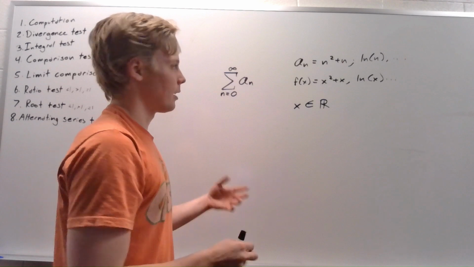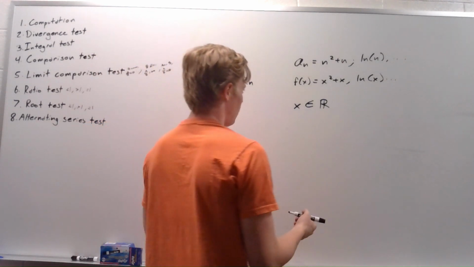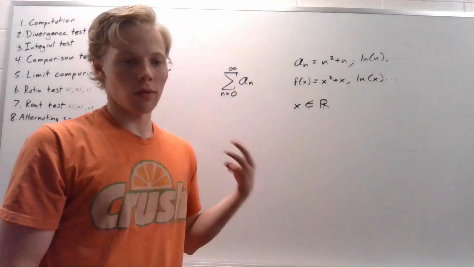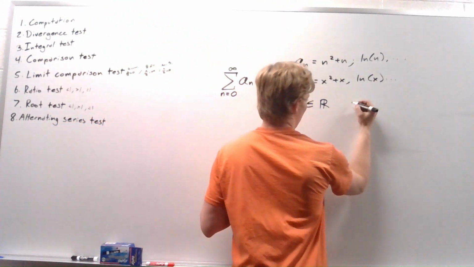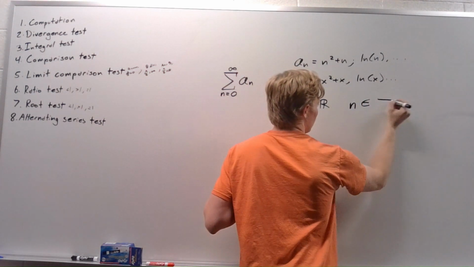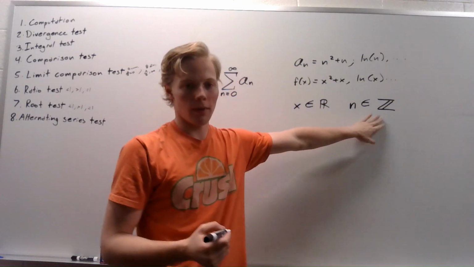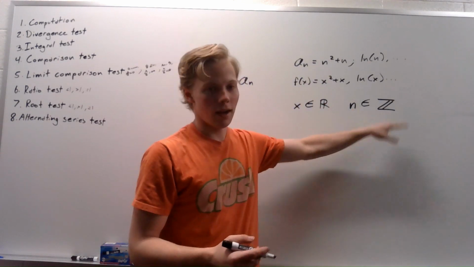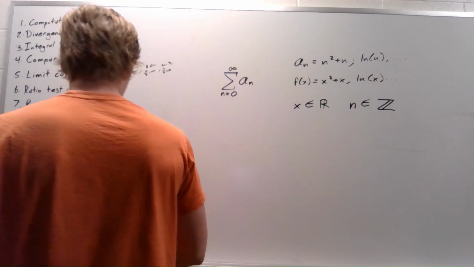N, by convention, you can only put whole numbers into n. 1, 2, 3, 4, 5, and you can't put in any decimals. And so n is inside, and this is the symbol for the integers, a fancy Z, n is inside just the integers, no decimals.